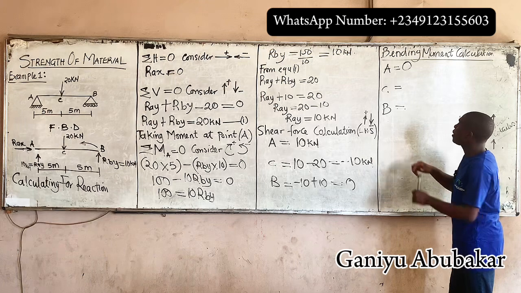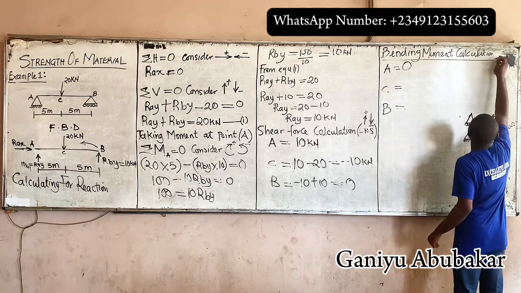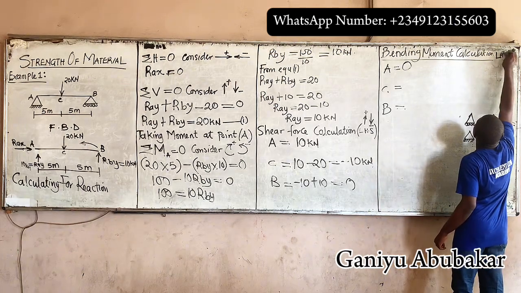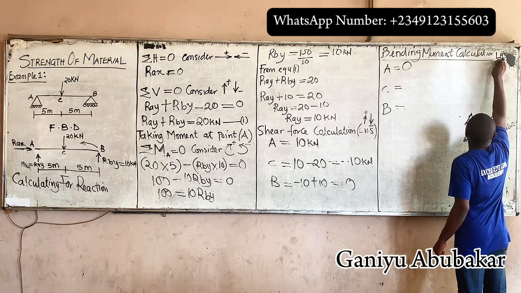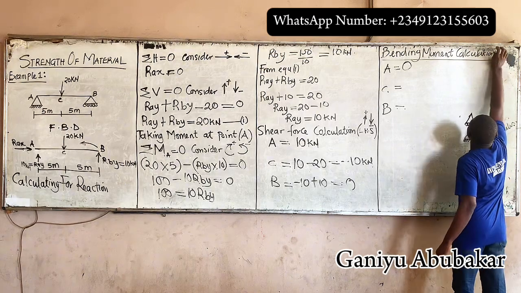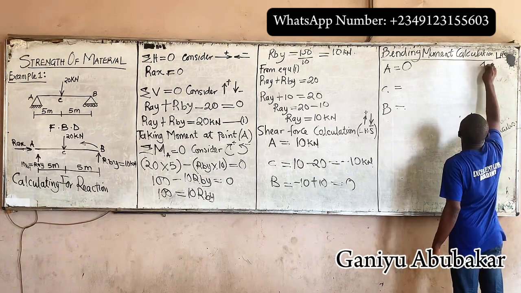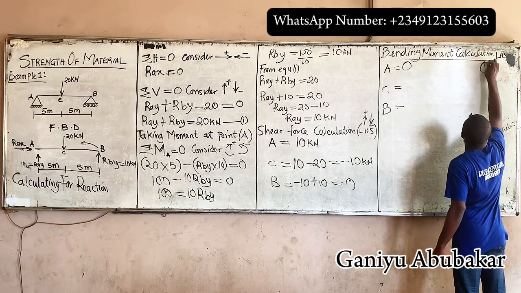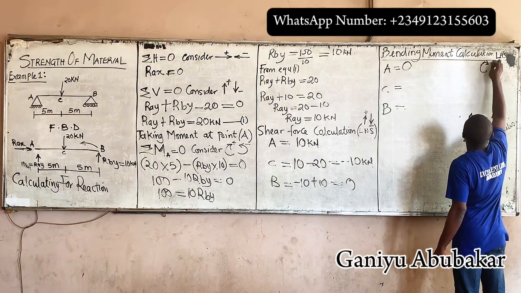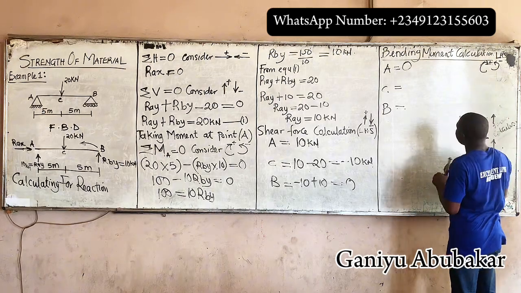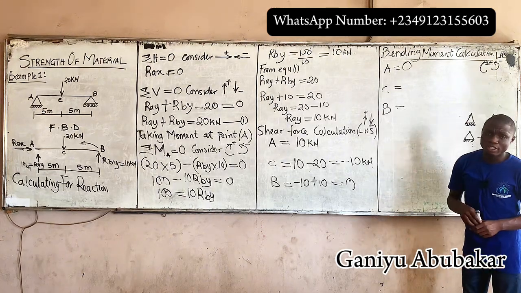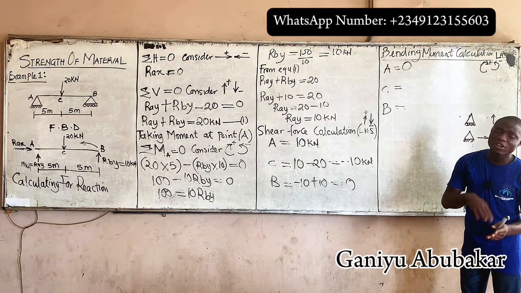Similarly, for bending moment, we're also using a left hand side reading, such that clockwise will be positive. Anti-clockwise will be negative.